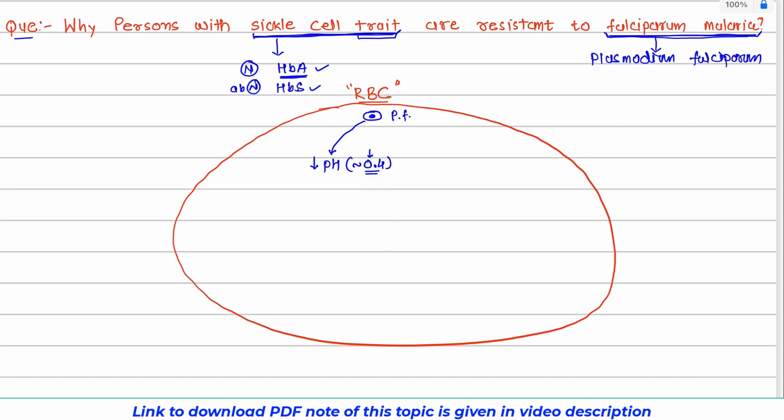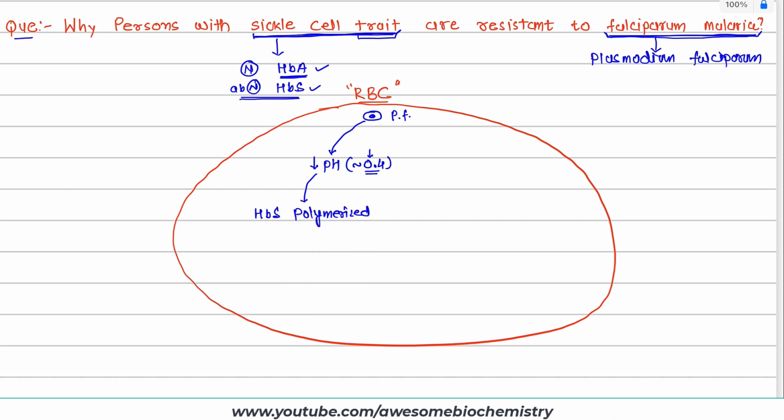Because of such acidity, the half of the hemoglobin which is in the form of sickled hemoglobin gets polymerized. So HbAS gets polymerized. And because of the polymerization of hemoglobin S, it leads to a change in the shape of these RBCs to the sickle. So the cell becomes a sickle shaped cell.